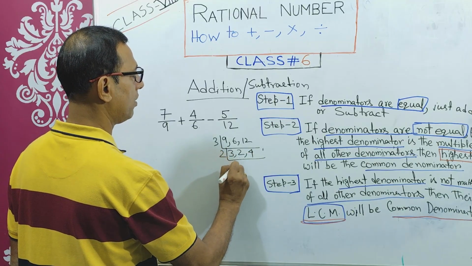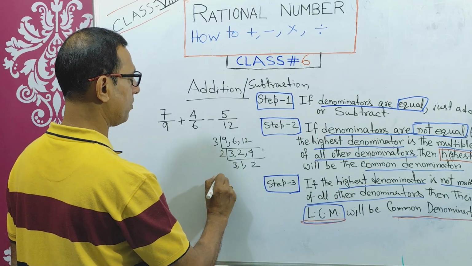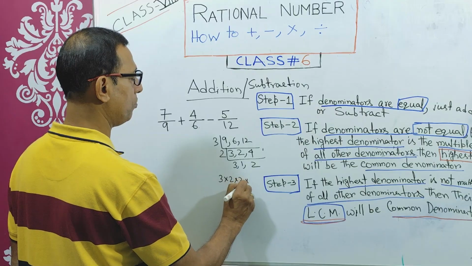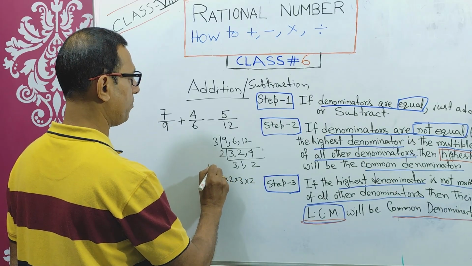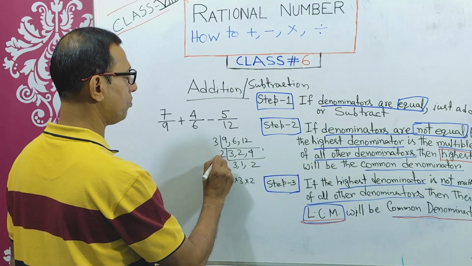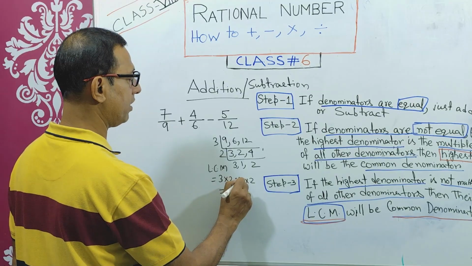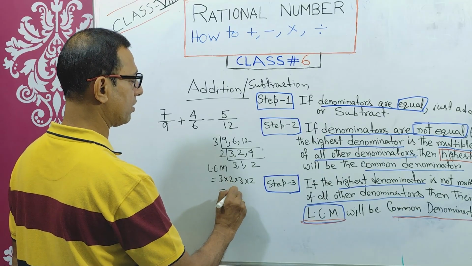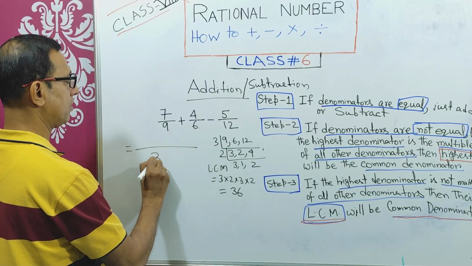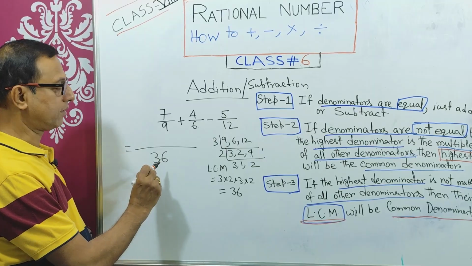Then, LCM equals 3 into 2 into 3 into 2. 3 2s are 6, 6 3s are 18, 18 2s are 36. Now the common denominator will be 36.